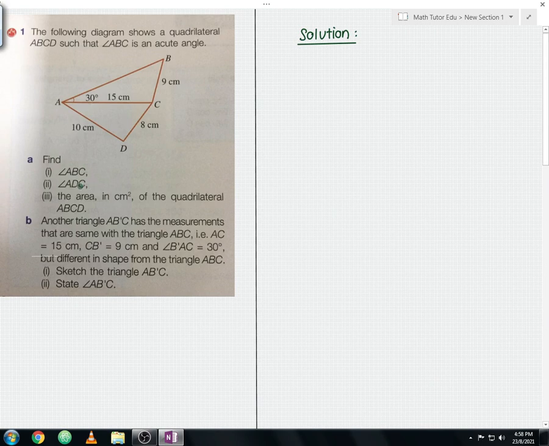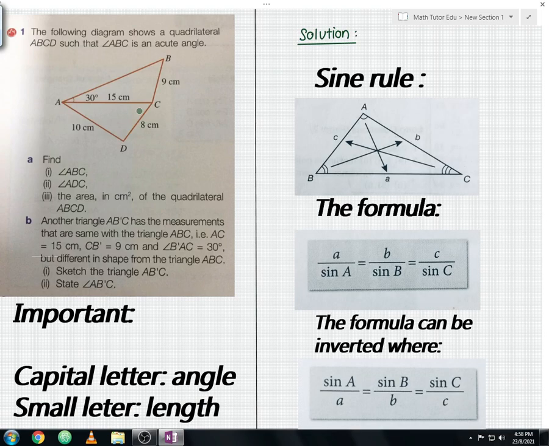In order to solve the angle ABC, we are going to use the sine law. If you don't know how exactly the sine law works, no worries, I'm going to show the formula now. You can use this formula as your guidance in order to solve for the question A part 1. So from here, let us begin our working.